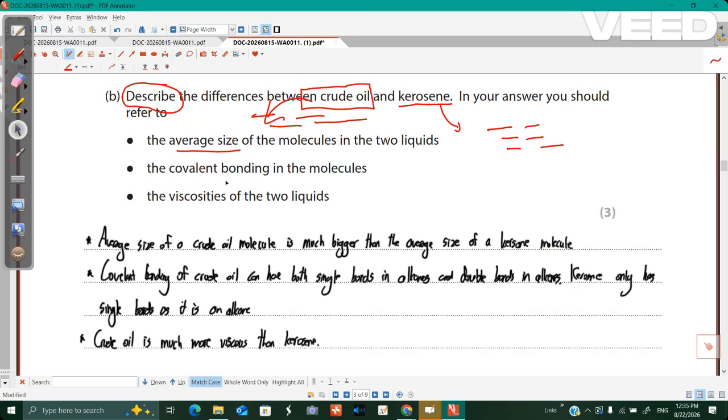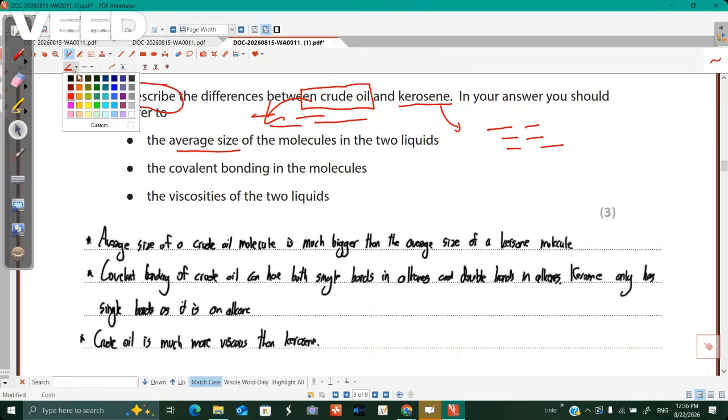Now you can only tell about the number of covalent bonds, because both have covalent bonds, right? And we can't comment on being saturated or unsaturated. This question is actually a very tricky question.